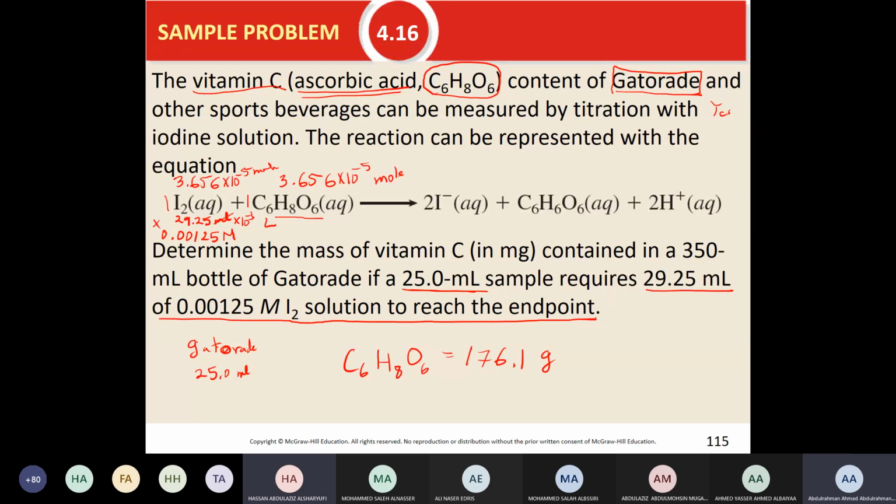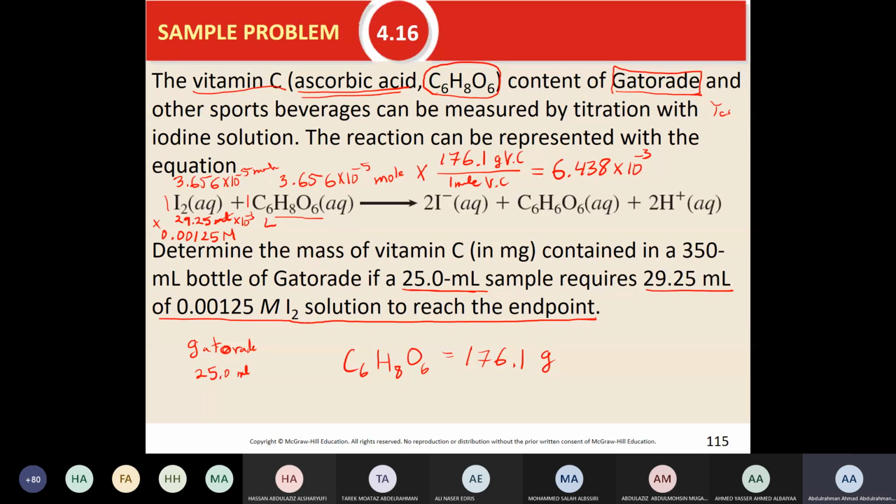Good. Now, can you change mole into gram? I know that 1 mole vitamin C is equal to 176.1 gram vitamin C. Then how many grams? 6.438 multiplied by 10 to the power minus 3.